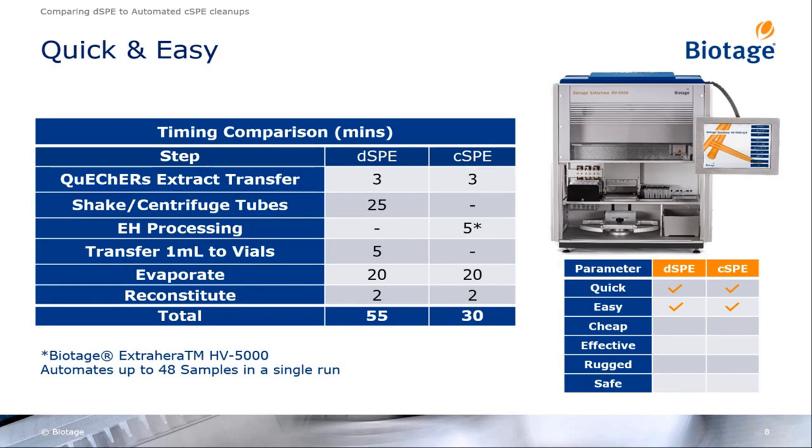And overall, we found that there were some time savings using column-based SPE, especially due to the fact that on the platform being used, being the Extrahera HV5000 automated platform, you're able to run up to 48 samples in a single run, which allows you to be as quick and as easy as the traditional DSPE cleanup. So for both options, we felt that they met the QueChERS criteria for being quick and easy.